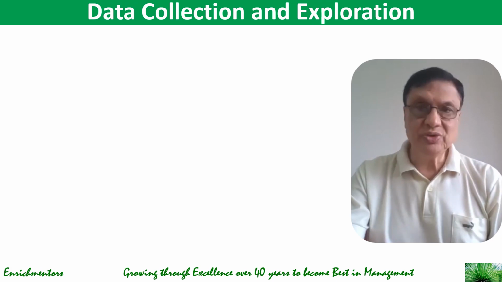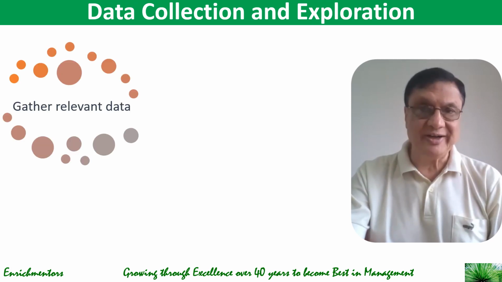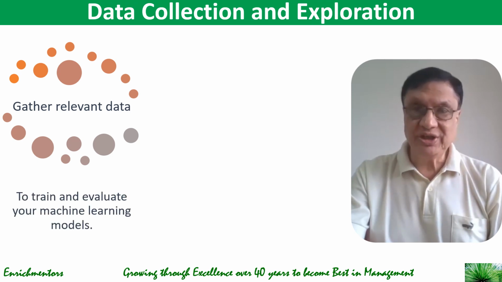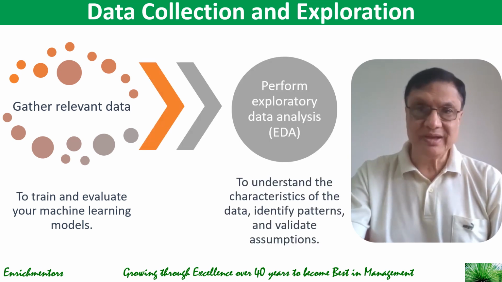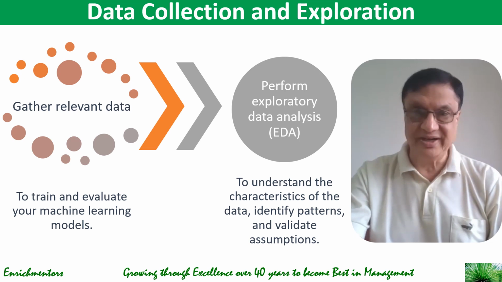Second thing that you need to do is to gather relevant data that will be used to train and evaluate your machine learning models, and perform exploratory data analysis to understand the characteristics of data, identify patterns and validate assumptions, right?